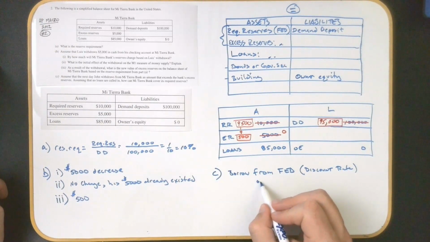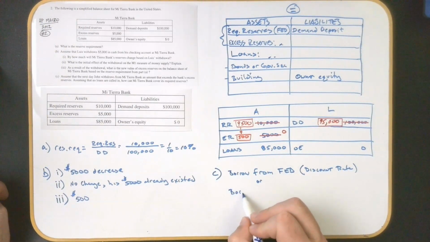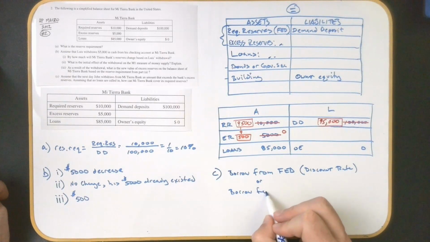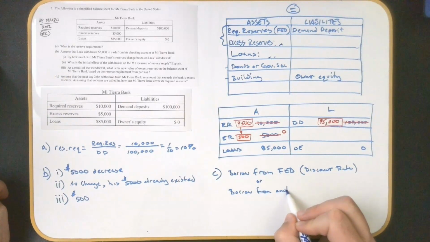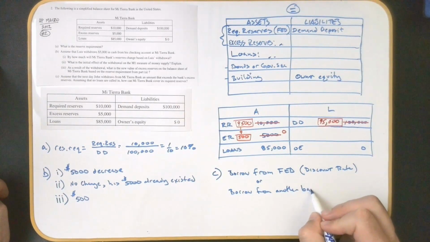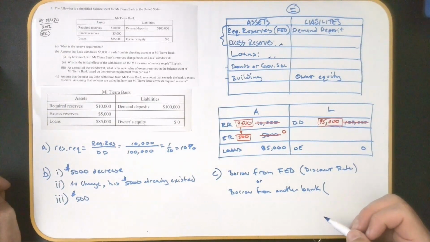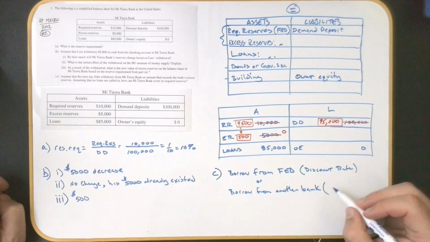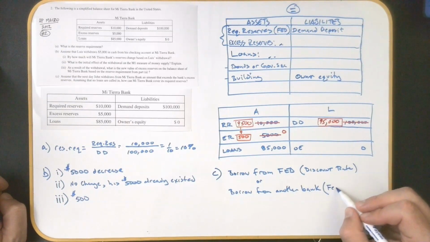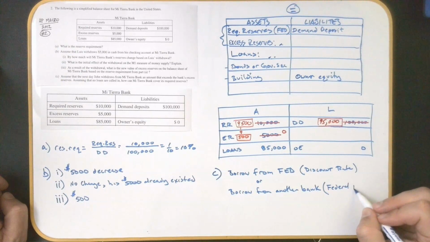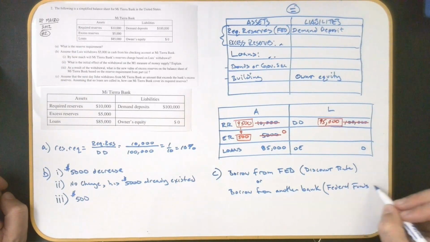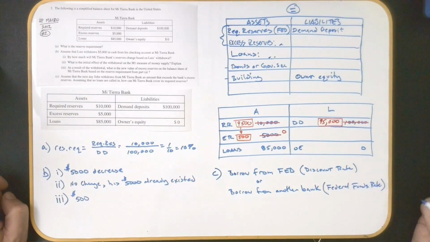Borrow from the Fed, or they could borrow from another bank. And in one of the most annoying vocab issues, the rate they pay to the other bank is called the federal funds rate, which you would swear would have to be the rate that the Fed charges, but it's not. Okay, but those are their two choices.